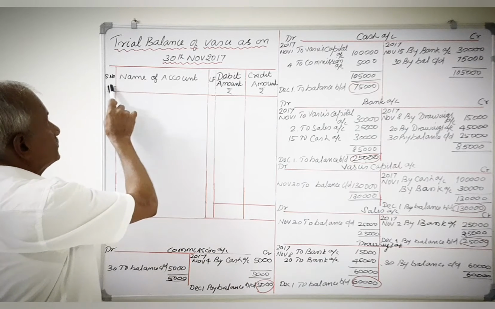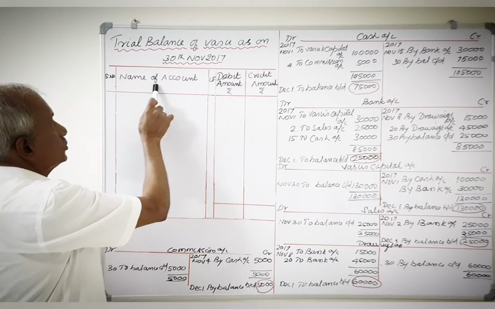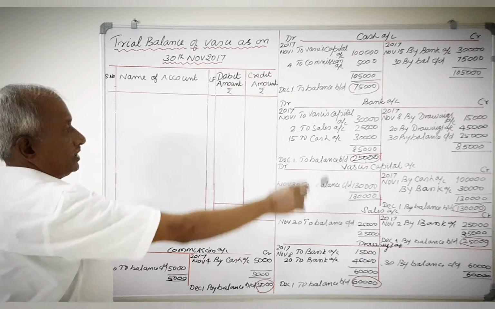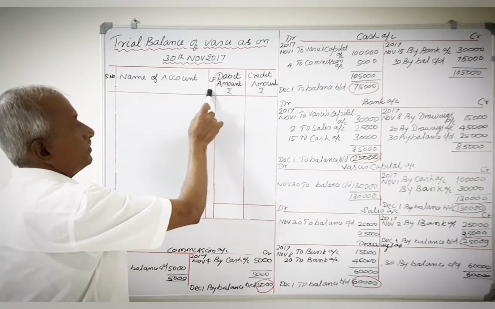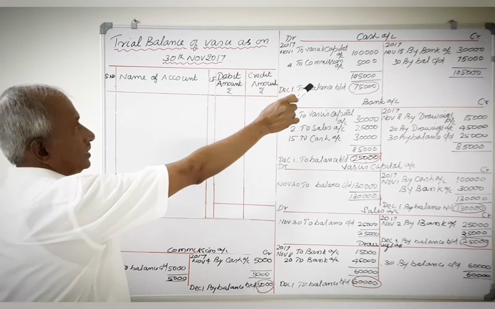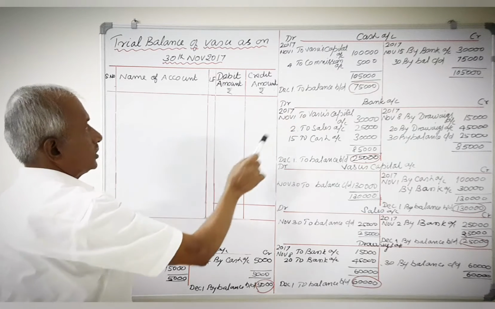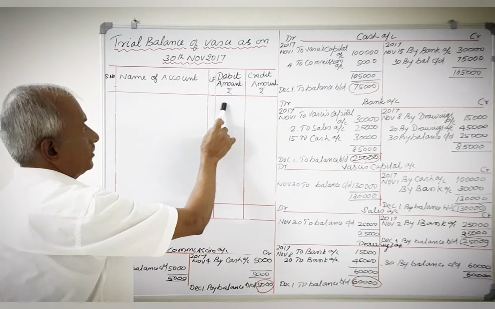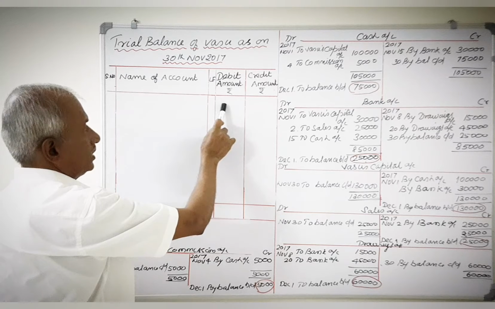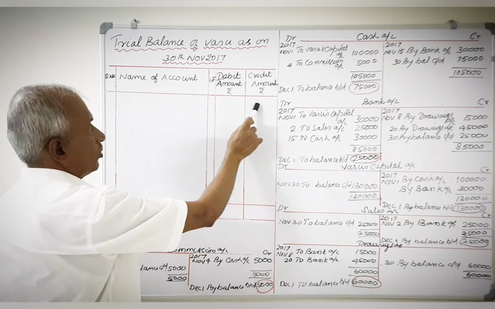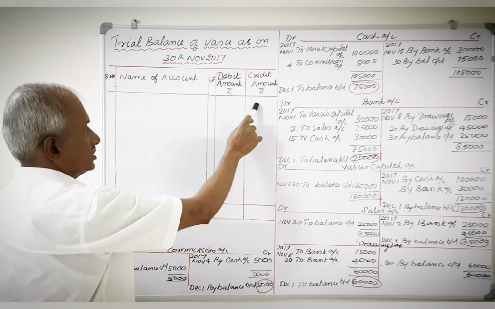This column is for serial number and this column is for recording the name of the account, and this is the page number of the respective accounts in the ledger, and this is for recording the debit balances of the ledger account, and this is for recording the credit balances of ledger accounts.